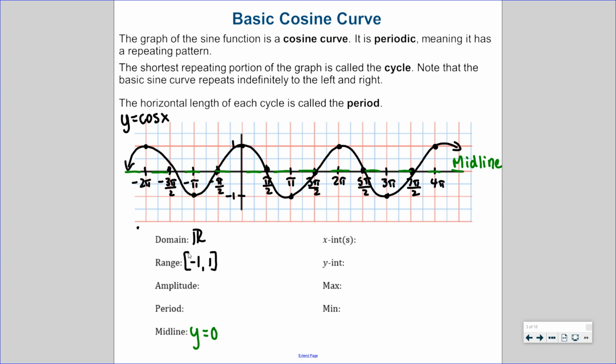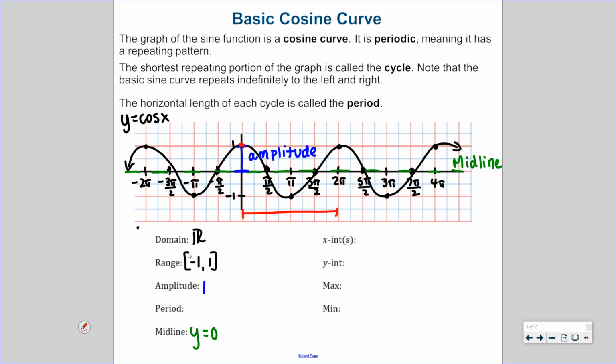All right, so amplitude, same thing. Distance from the midline to a max. So this one also has an amplitude of 1. Now we can still think of this period from 0 to 2 pi, but it's just starting at a different spot. It's like starting at a max.